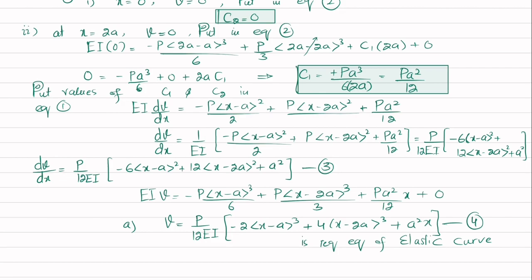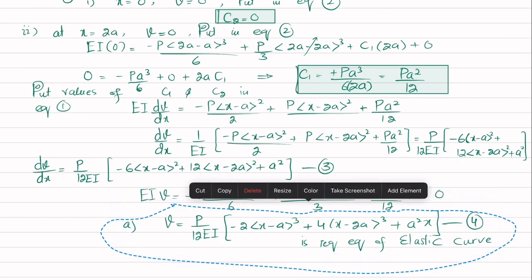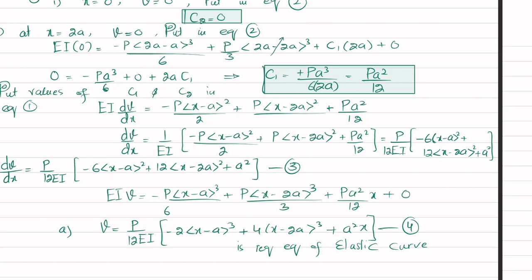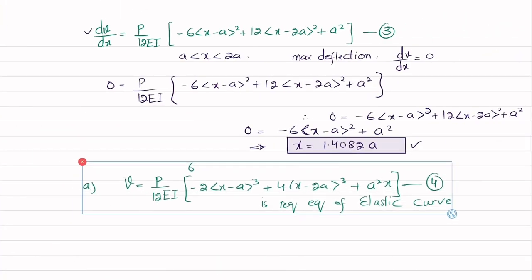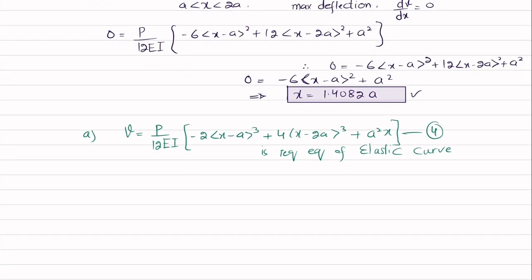So for that I will copy equation number 4, that is about deflection, and paste it over here so that we can easily put the value of x in order to find the maximum deflection. Now put x equal to 1.4082 a in equation number 4.